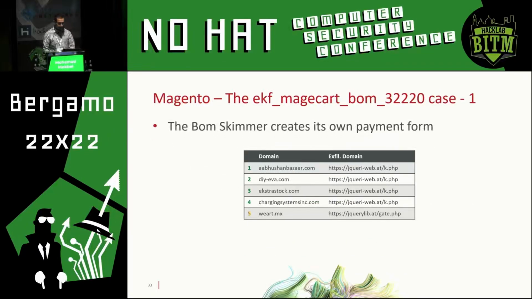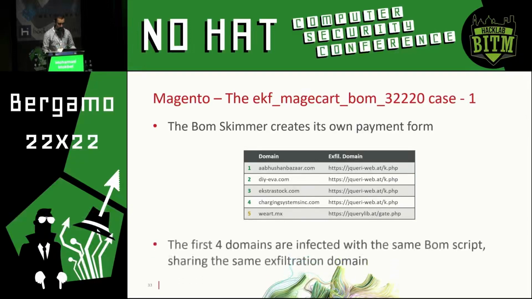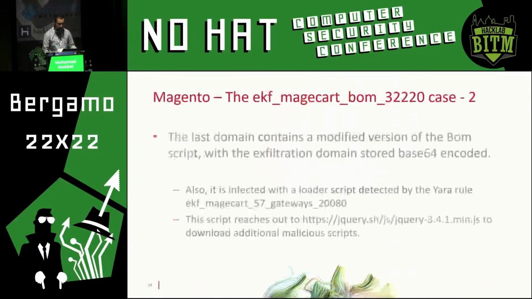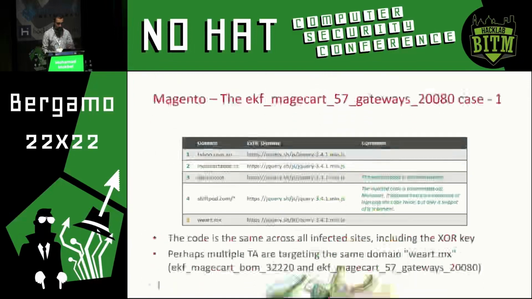Like bomb skimmer, you've got these top 4 websites, which are part of the same threat actor since they are pointing to the same exfiltration domain. Just more skimmers it found. One interesting case: for domain number 3, dileza.com, the injected code was commented out.